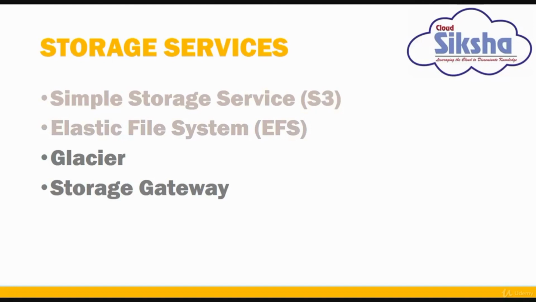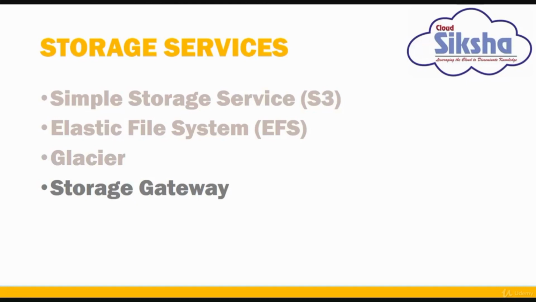Another important storage service is Glacier. Glacier is for data archiving. So if you want a long-term, low-cost solution for archiving your data, Amazon Glacier is the service to use. Amazon also provides what is called a Storage Gateway.